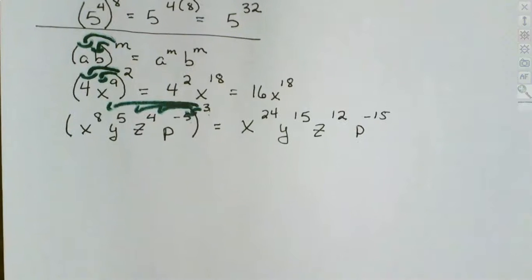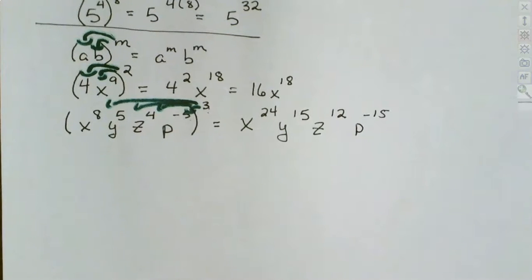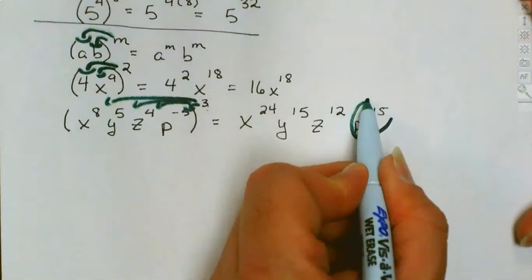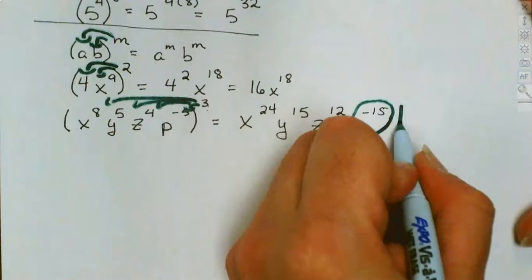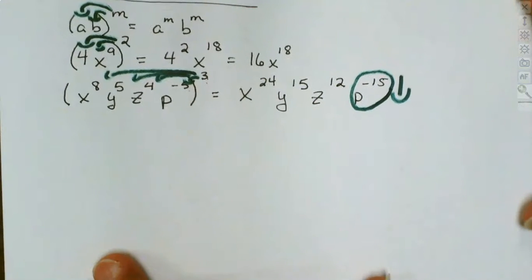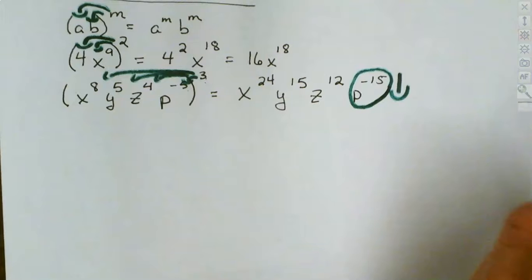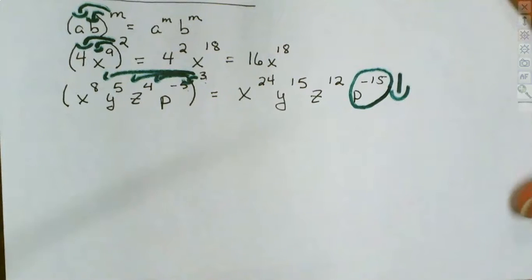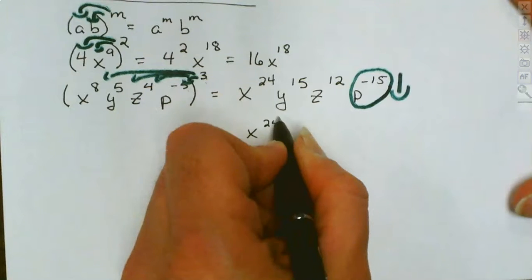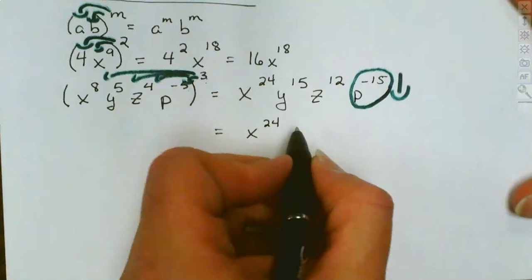When we write our answers, we never ever want negative exponents. So this negative exponent here on this one is going to make it go down below. So this is going to make it a fraction. So whenever you have a negative exponent, you rewrite it as a fraction. So we've got x to the 24th, that stays on top.